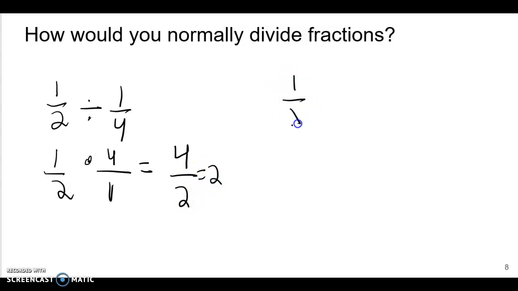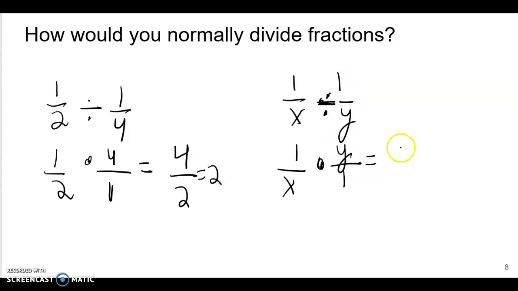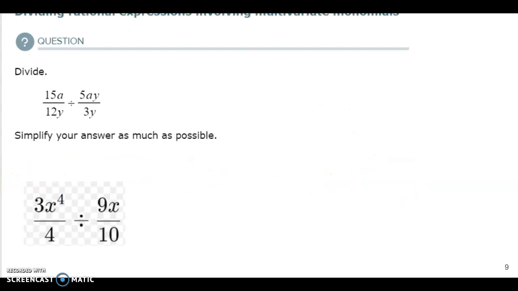So if I gave you 1 over x divided by 1 over y, we can turn it into multiplication by keeping the first term the same, the division becomes multiplication, and then we multiply by the reciprocal of the second term. So we want to keep this in mind as we start these next ones.